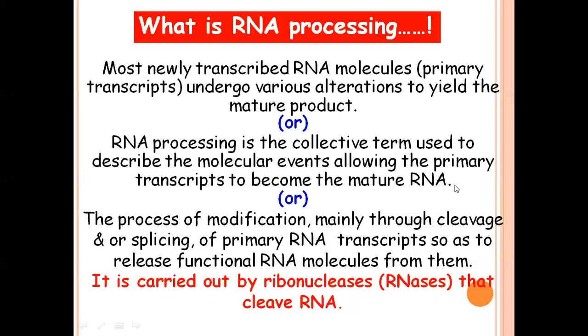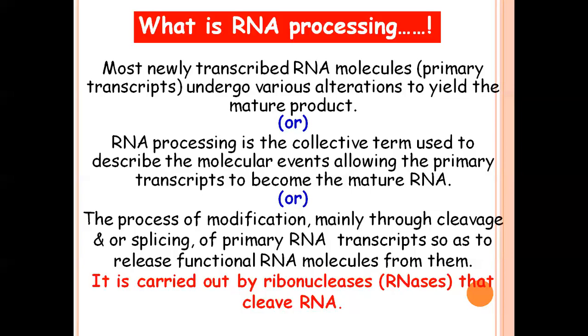It's the same thing. So the collective term RNA processing means the primary RNAs, the primary transcripts, are at a very nursery level, immature RNA. Because they have just been transcribed from the DNA molecule, they are not mature. So collectively they will alter themselves to become a more mature and stable RNA molecule.